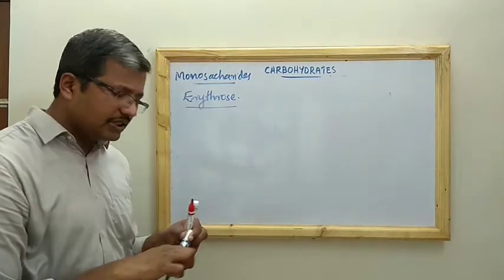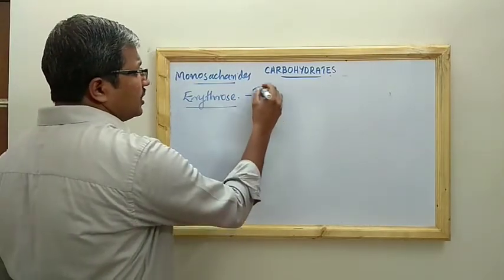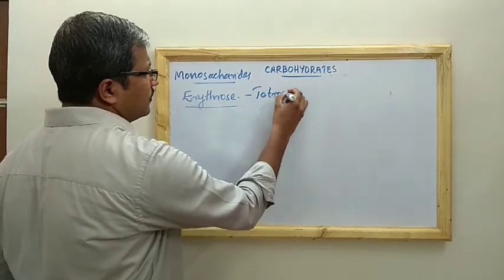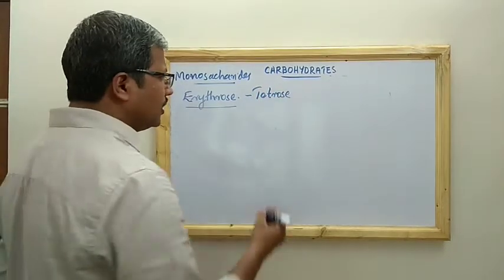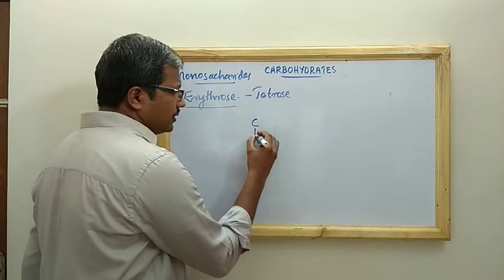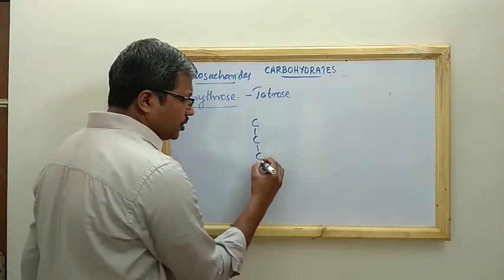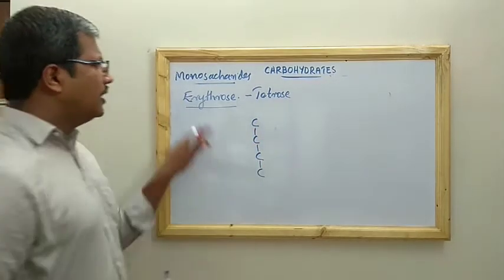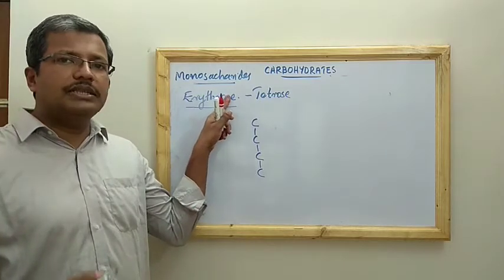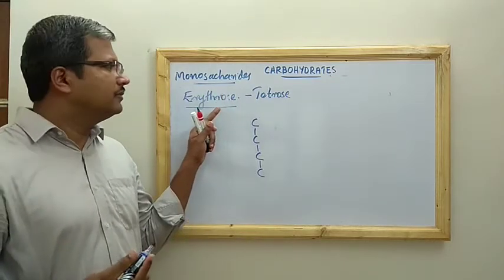Erythrose, we know, is a tetrose sugar. What is a tetrose? It contains 4 carbons. So we can just write 4 carbons: 1, 2, 3, 4. And erythrose is an aldehyde sugar.